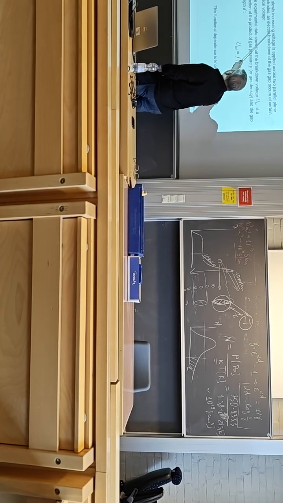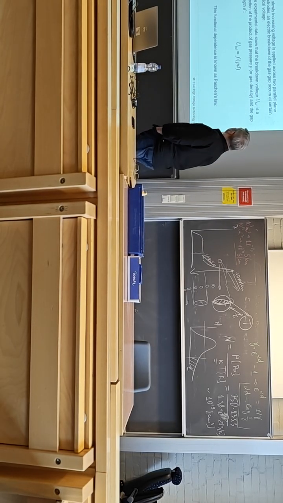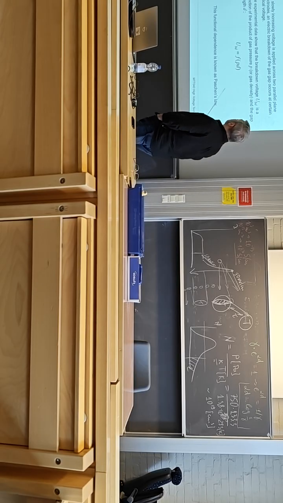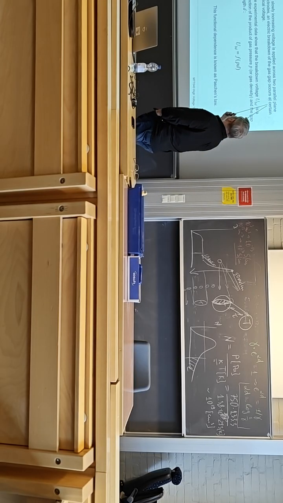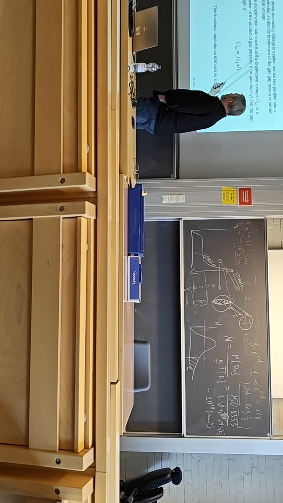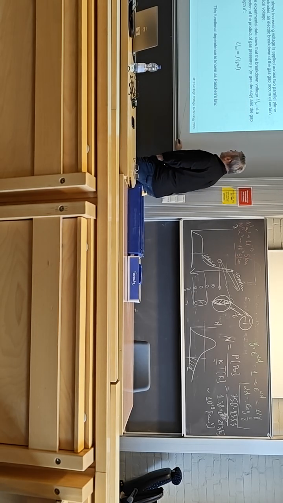So if we slowly increase the voltage across two parallel plane electrodes, electric breakdown of the gas will happen at a certain critical voltage, which is the breakdown voltage, and the experimental data can be generalized in this form.